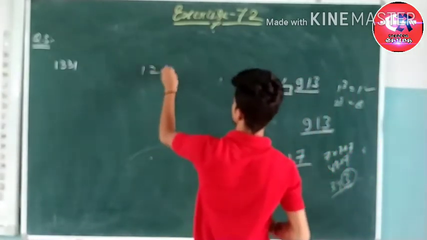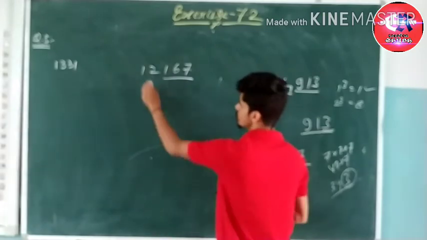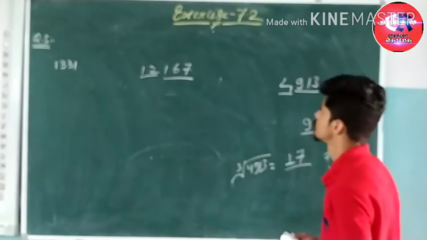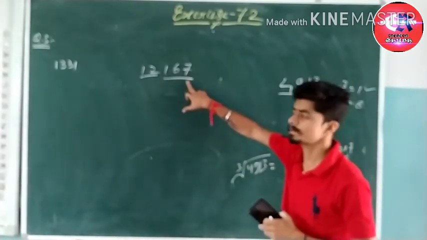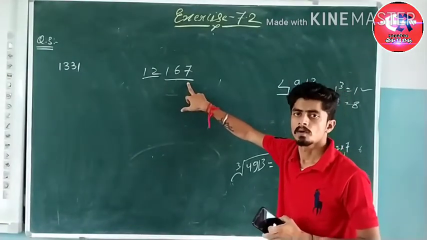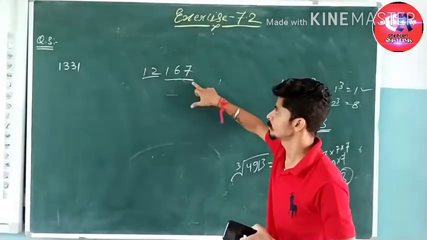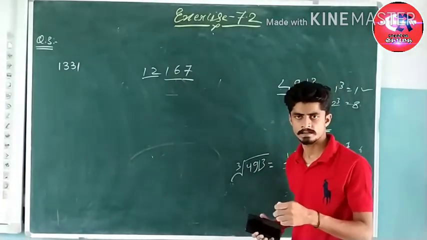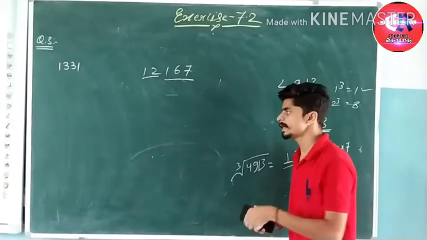Similarly, the next one is 12167. We have to make a pair from right to left of 3 numbers, then the second pair. From the first pair we have to find a particular number whose cube has a unit place equal to 7. As we know, 3 threes are 9 and 9 threes are 27. The unit place of 27 is 7. So we get 3 here.